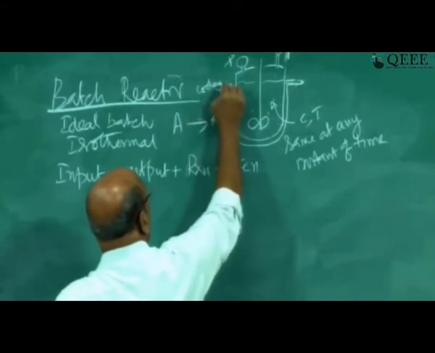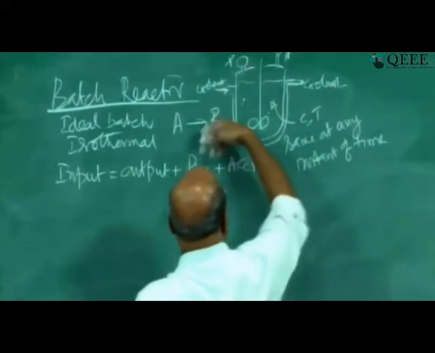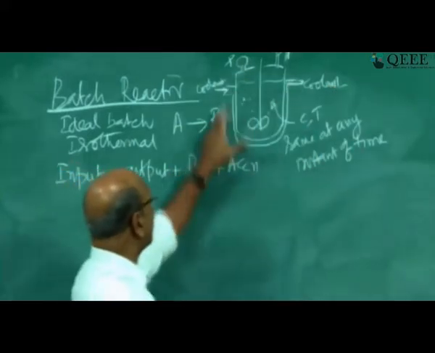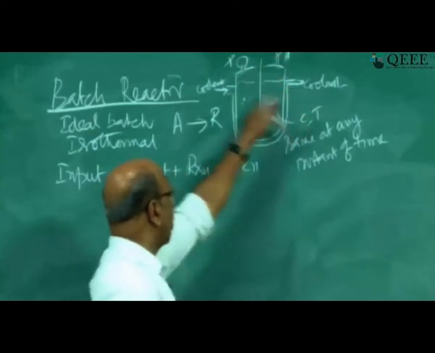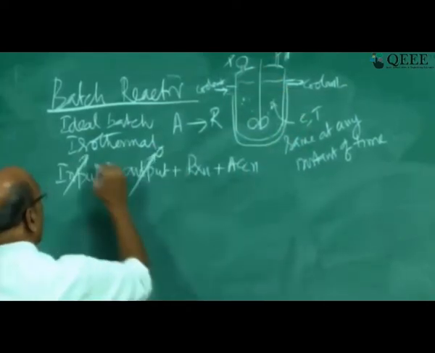The jacket is only for coolant if it is an exothermic reaction; otherwise, it is a hot fluid. So this is only outside the jacket. There is no input and no output in a batch reactor. So input equal to 0 and output equal to 0.